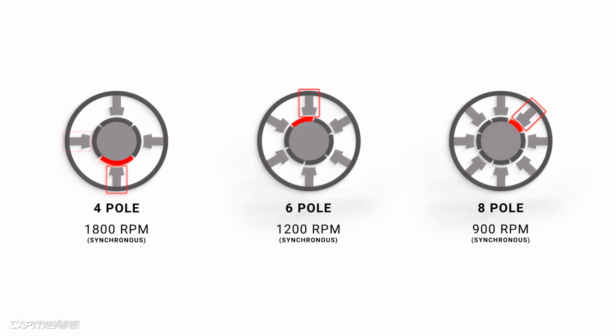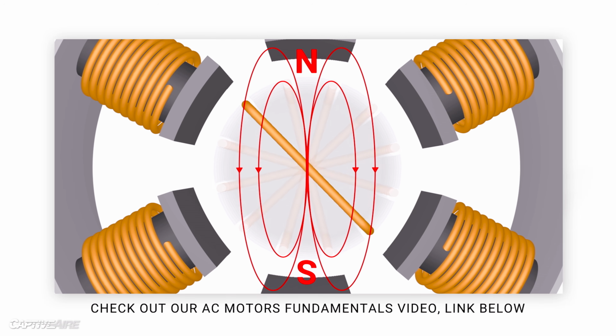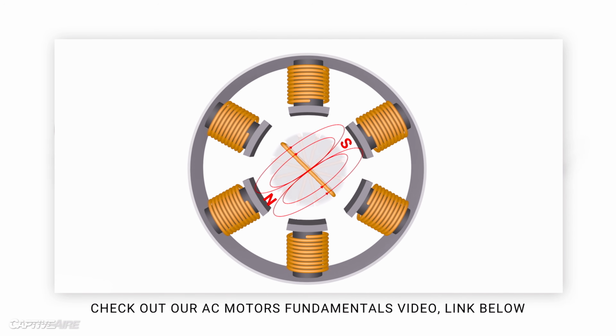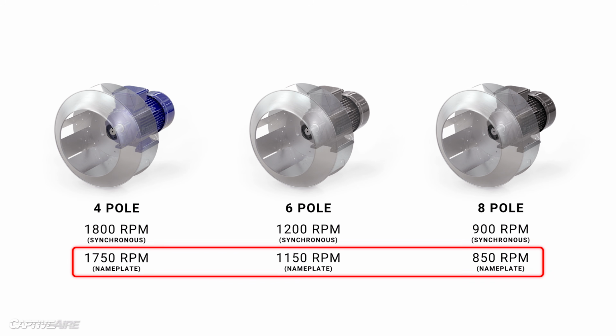And I should mention that these are the speeds the motors will attain without any load. As soon as we attach something like a fan wheel, there will be some slip between the rotor and the magnetic field induced by the stator, and we usually estimate the slip to be about 50 RPM. That's why motor nameplate speeds are a bit lower, since nameplate speed is considered to be at full load.